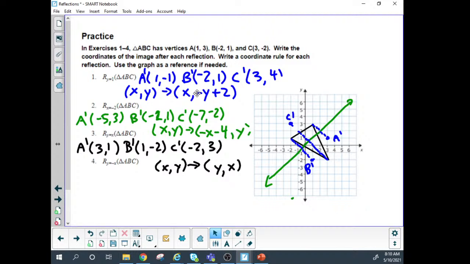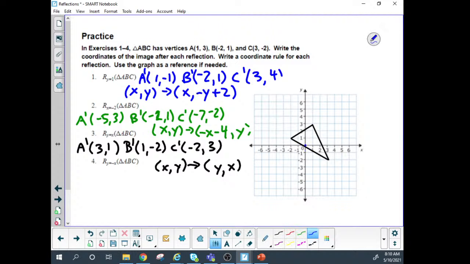Okay. What about reflection across the line y equals negative x? Ooh, that's nice. A prime is a half unit away from the line of reflection, just like A. Oh my gosh, so is B. This one worked out pretty nice. So y equals negative x has a slope of -1 through the origin.